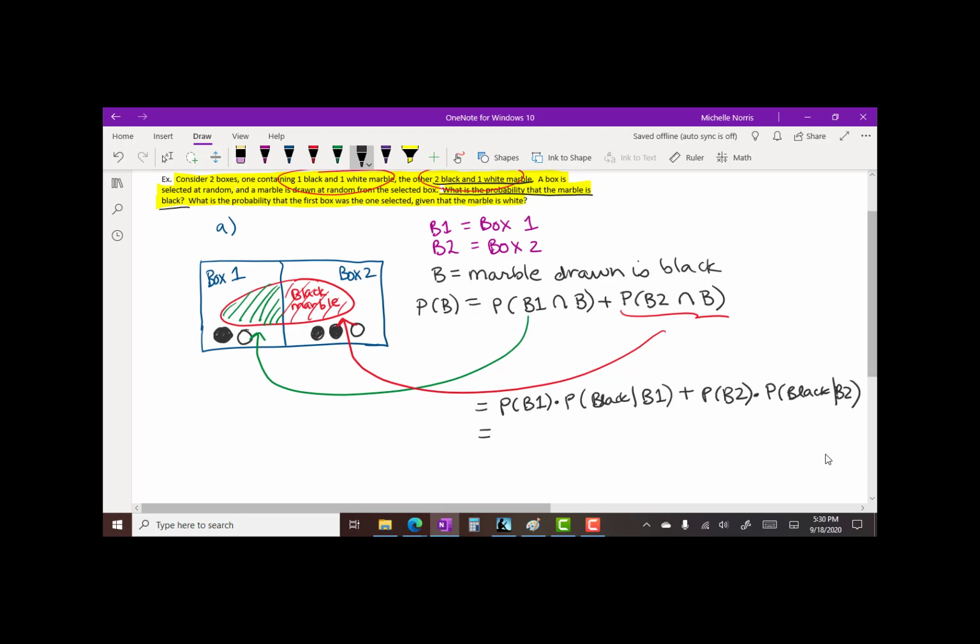We know that a box is selected at random, so that means you have a 1/2 chance of picking box 1, and also a 1/2 chance of picking box 2.